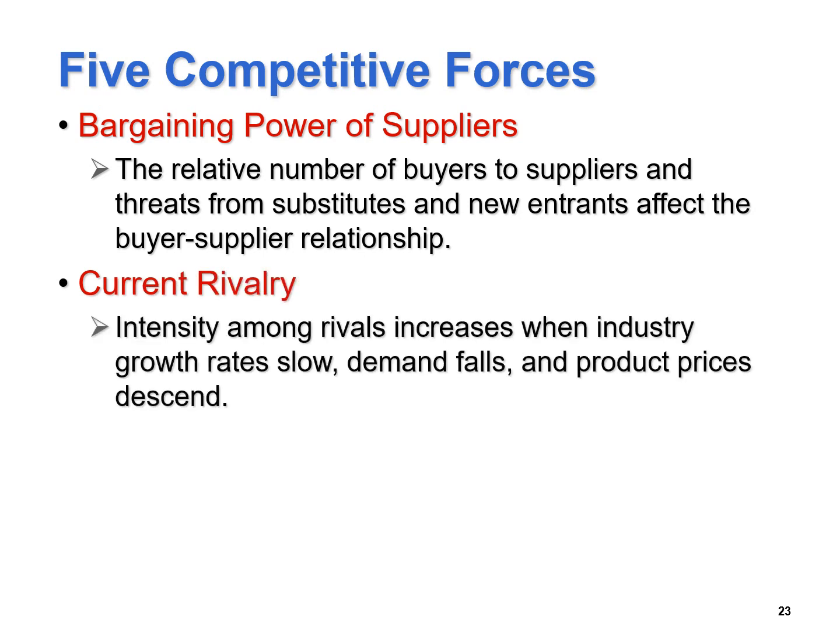And the final word about the current rivalry, the fifth point. The intensity among rivals increases when industry growth rates slow, demand falls, and product price descends. Before that, all the competitors are enjoying the competition.